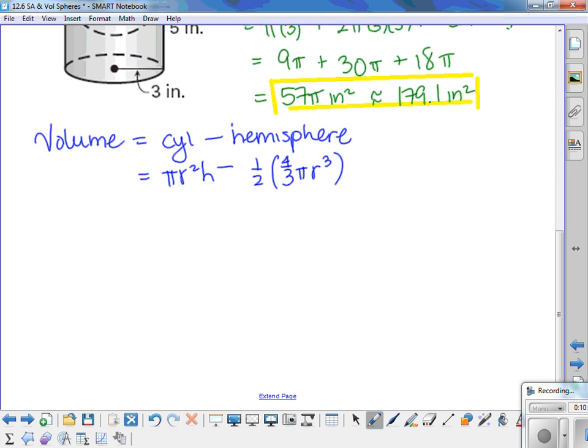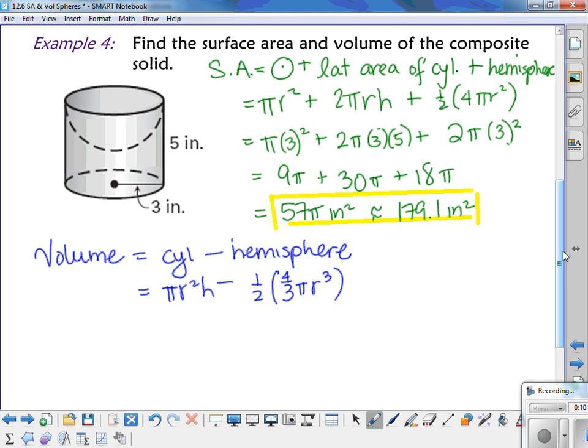So looking at the information I know, the radius is 3, the height is 5, so pi times 3 squared times the height of 5 minus 1/2 times 4/3 pi times 3 to the 3rd power.